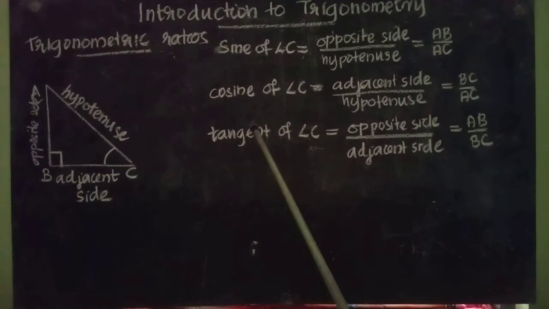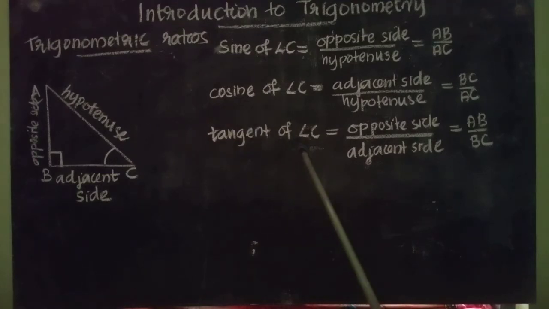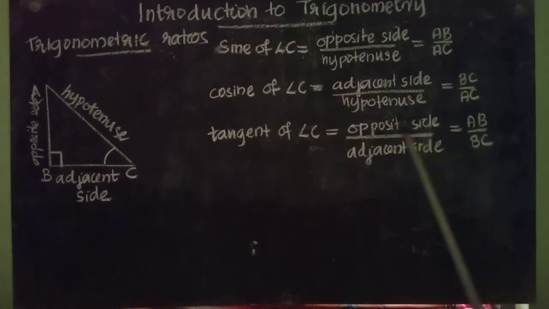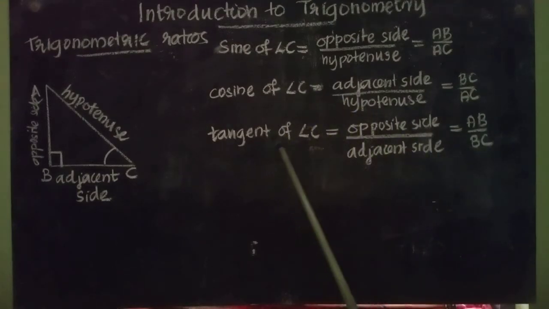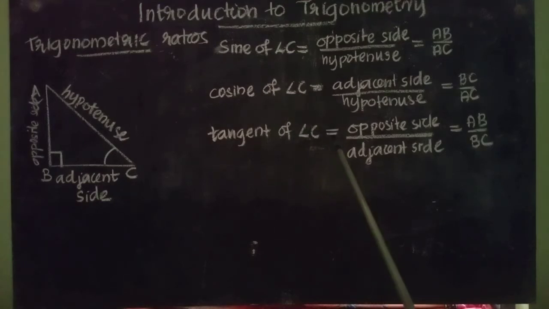Third one is tangent of angle C. That is equal to opposite side by adjacent side, that is equal to AB by BC. So, tangent of angle C is the ratio between opposite side and adjacent side.